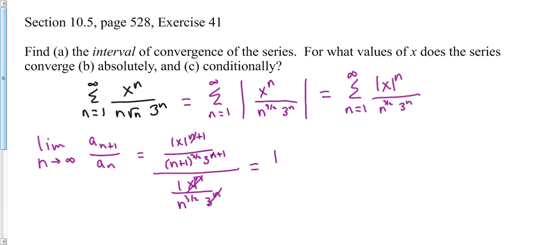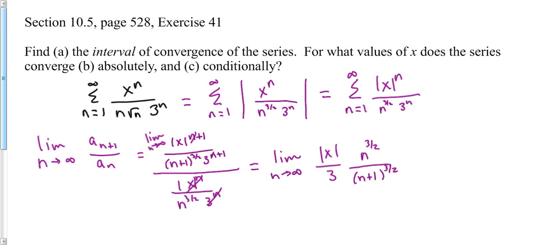And what we're going to be left with is the limit as n goes to infinity, and of course, we should have had that limit as n goes to infinity for that term as well. We're going to be left with the absolute value of x over 3 times n to the 3 halves, because we know that the denominator of a denominator is a numerator, divided by n plus 1 to the 3 halves.